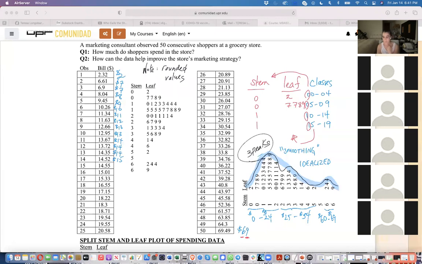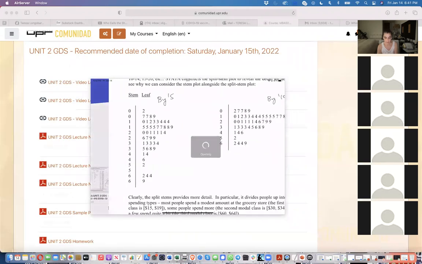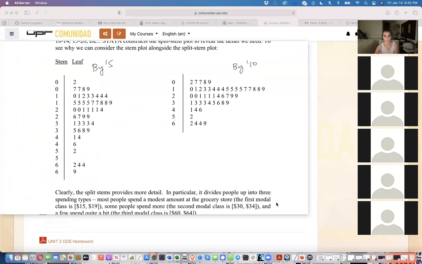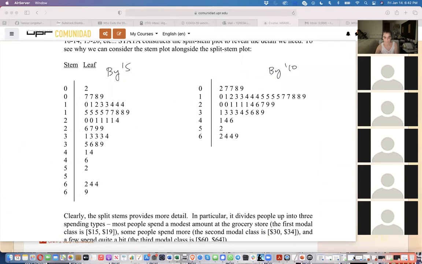I believe if I had observed more shoppers, I would still maintain this pattern. Now, what if we didn't do it this way? If we didn't make the stem and leaf plot this way and instead made the plot like this, we wouldn't even see that pattern. Notice.